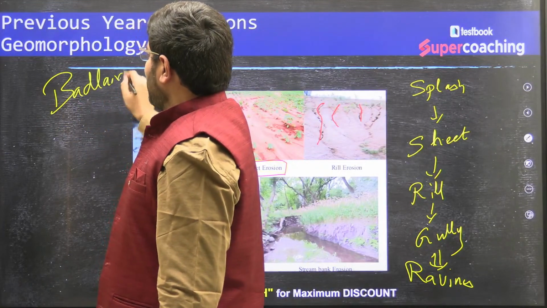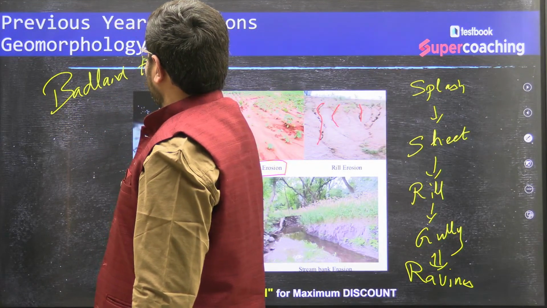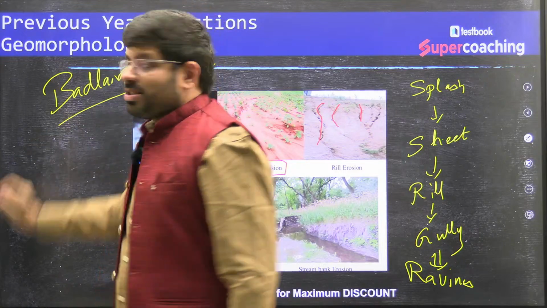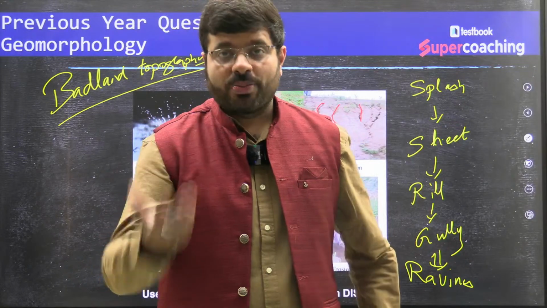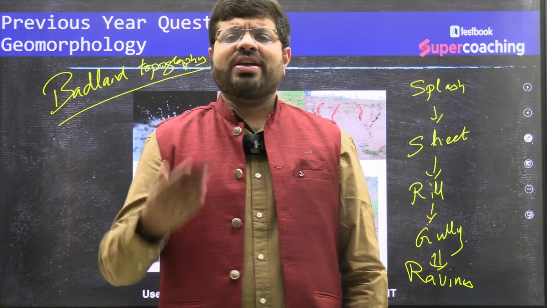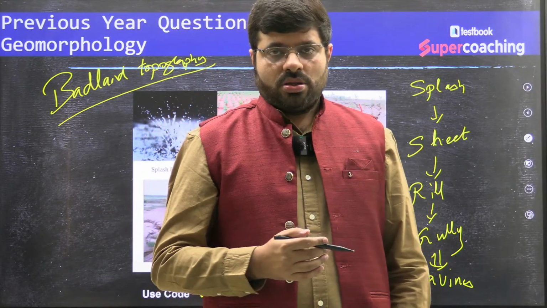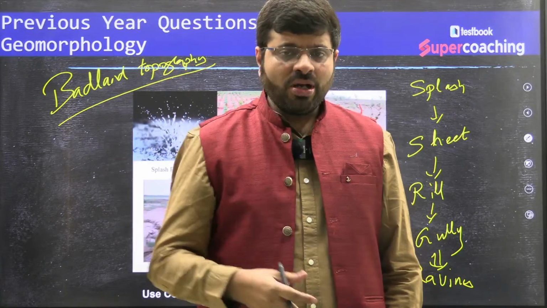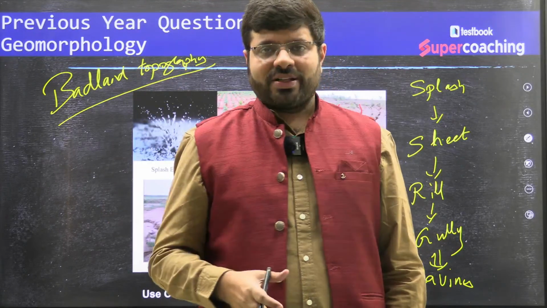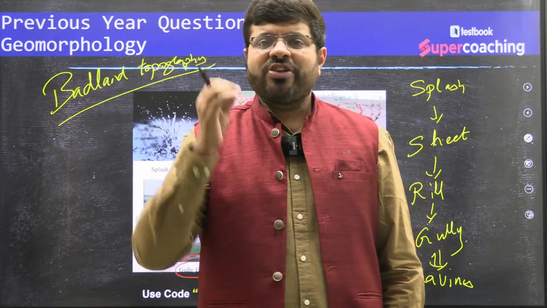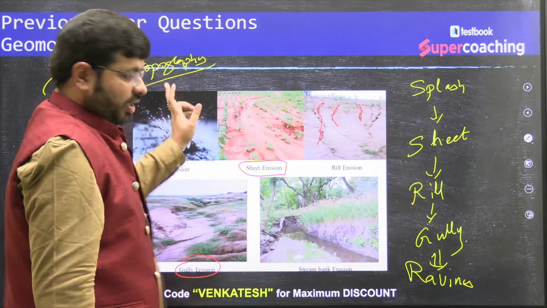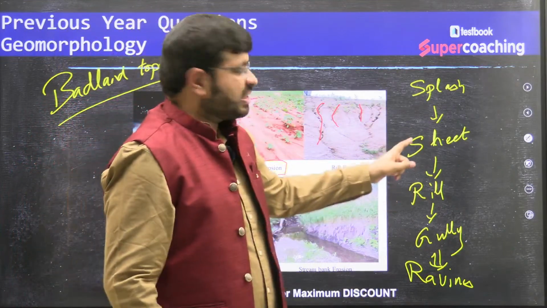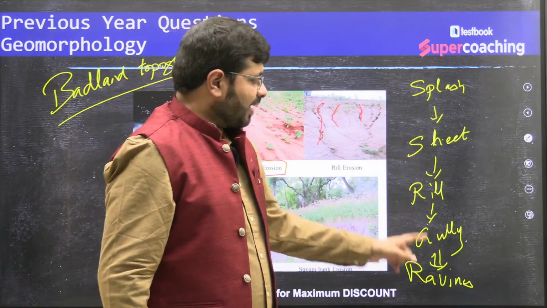The badland topography. Chambal ravines, the Bundelkhand region, how do you think they have developed? It's a product of significant stream erosion. Whether the streams or the rainfall, they erode in such a way that the soil is not fit for agriculture at all right now. That is badland topography, which is an outcome of severe rill and gully erosion.